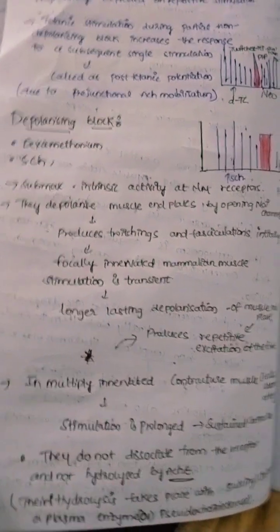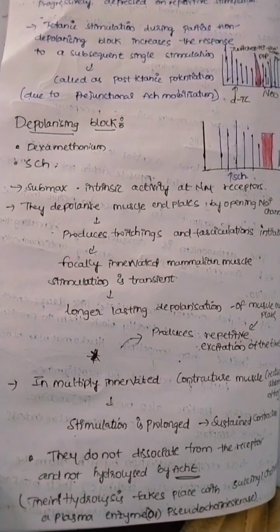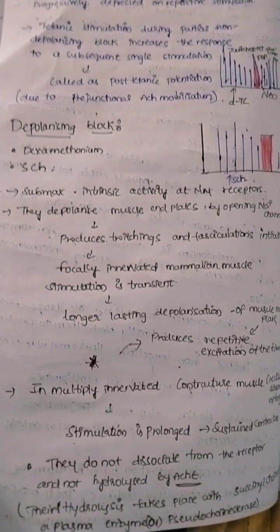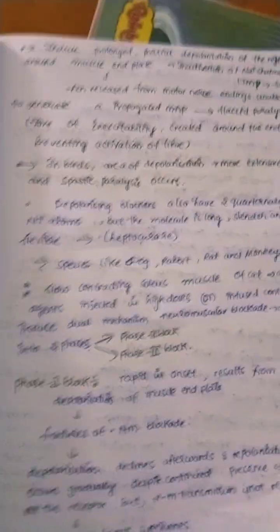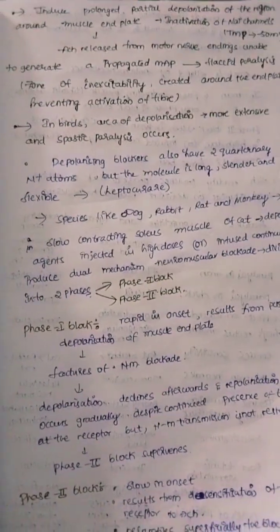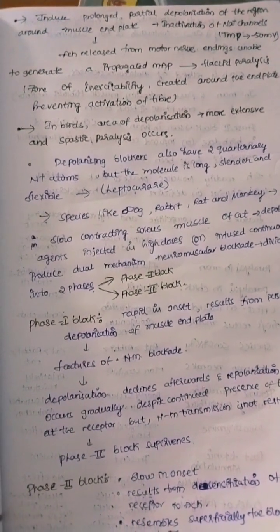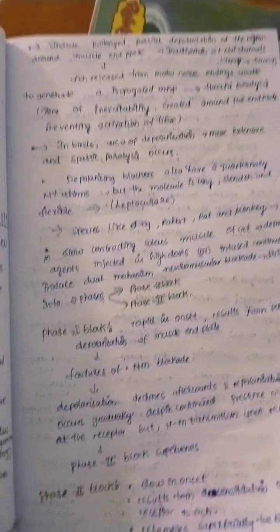Understood. As we saw earlier, they do not dissociate from the receptor, and they are not hydrolyzed by acetylcholinesterase. They will be hydrolyzed by pseudocholinesterase and succinylcholinesterase, which are plasma enzymes. Then prolonged partial depolarization of the region around the muscle end plate will occur, with inactivation of sodium channels.